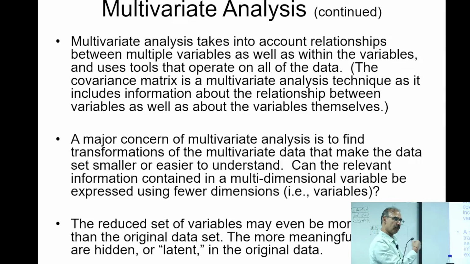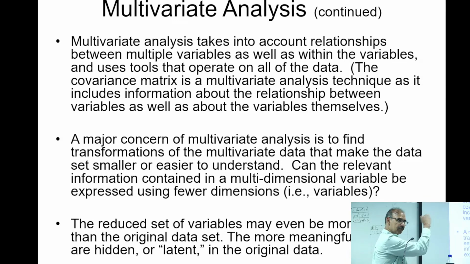The location of the pixels and how they respond in time is important, but where the pixels are located is also very important. Therefore, a major concern of multivariate analysis is to find a transformation of the multivariate data that makes the data set smaller or easier to understand.